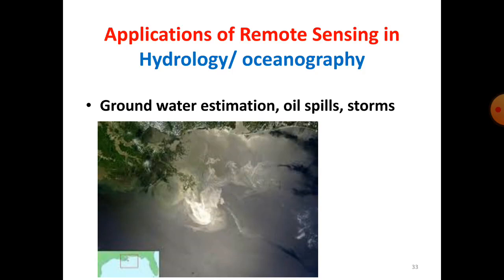Students, remember the quantity of oil spills at the coastal area can be easily identified by using remote sensing technology.